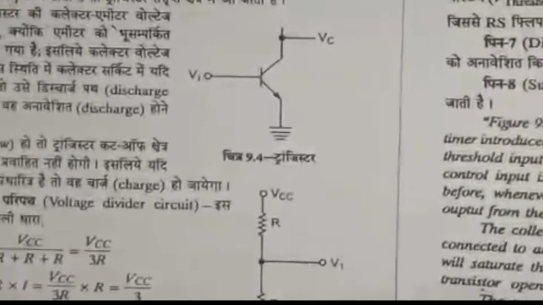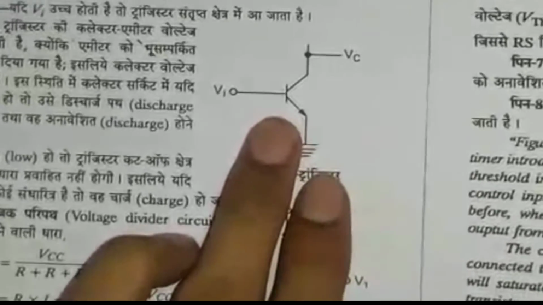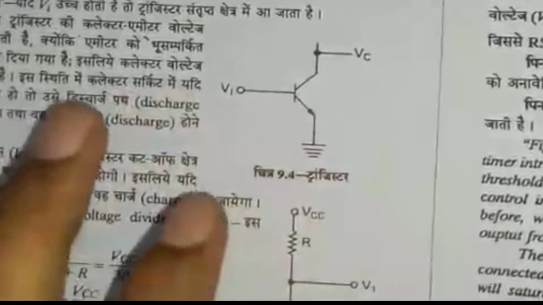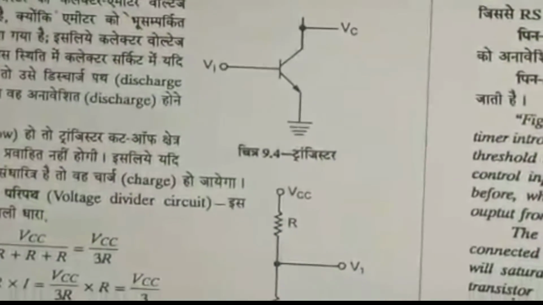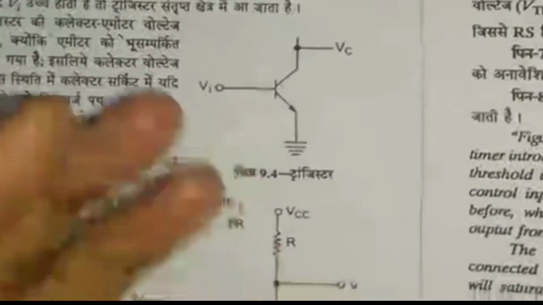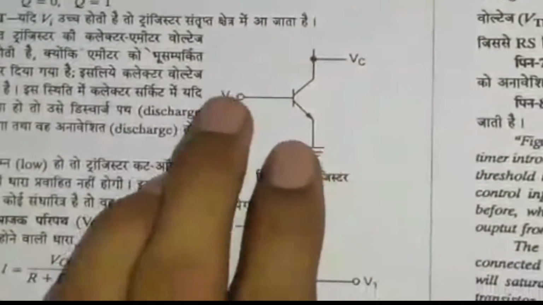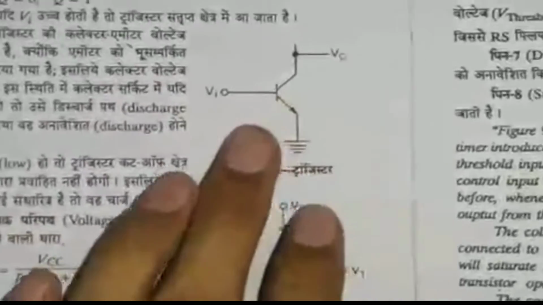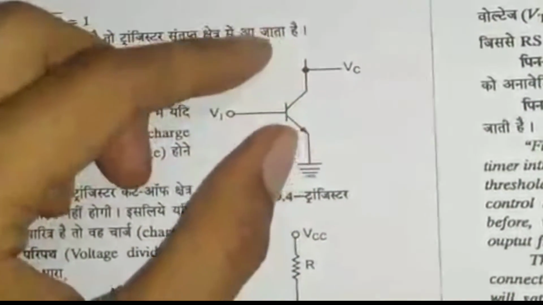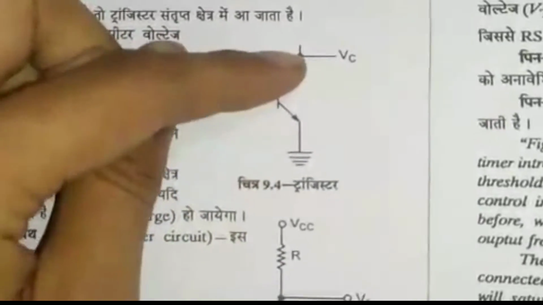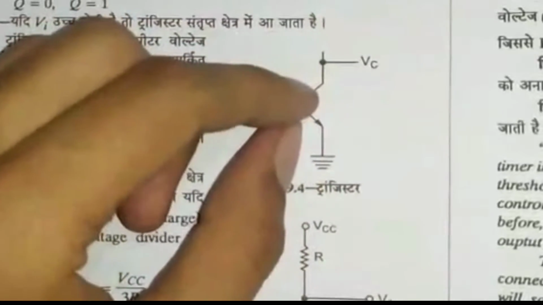Now let us see the transistor. What is the working of a transistor? I have already explained the whole working of a transistor in my previous video. If you haven't watched it, you may go there. If you give voltage to the base of the transistor, then this transistor will act as a short circuit, and the collector and the emitter terminals will become short circuited.